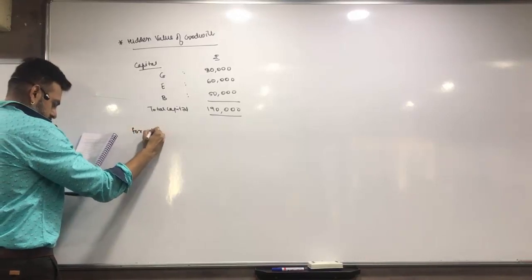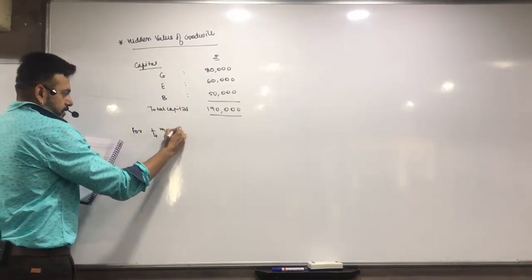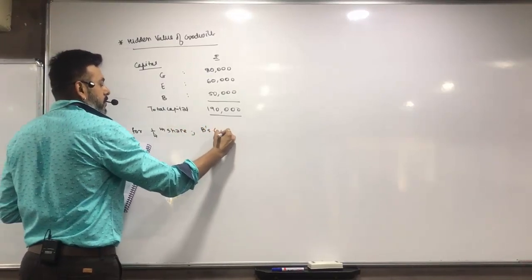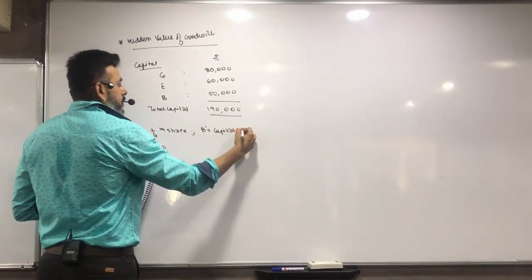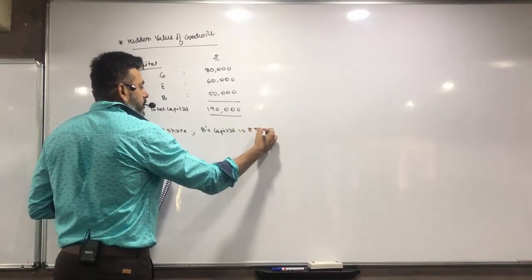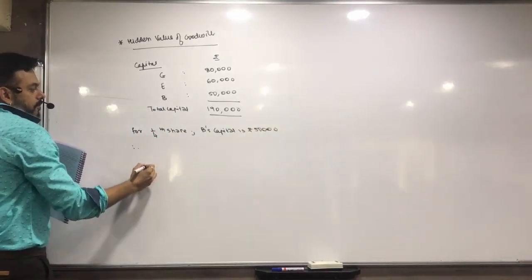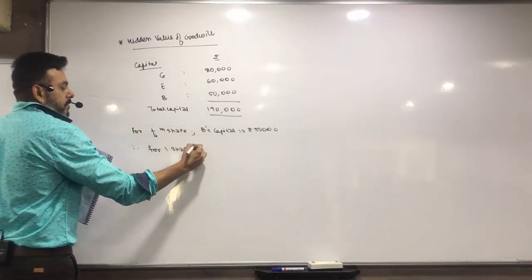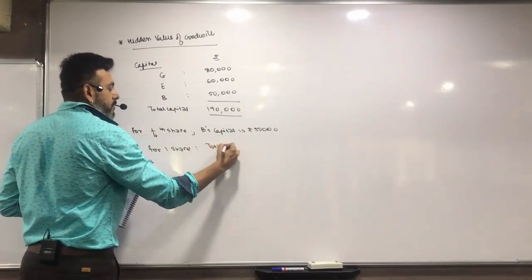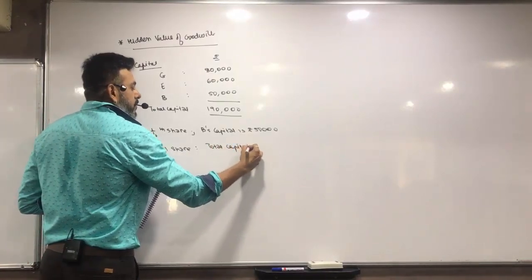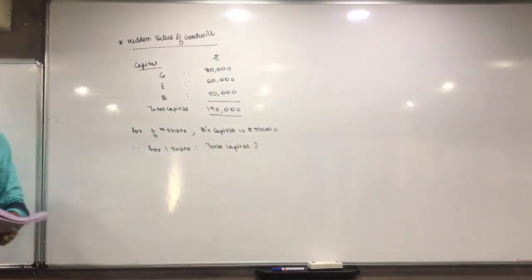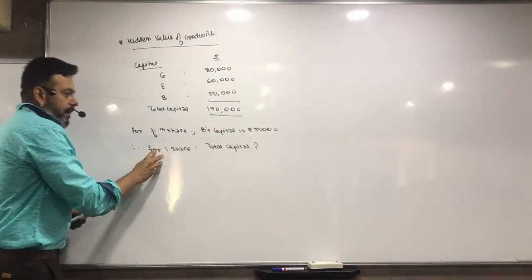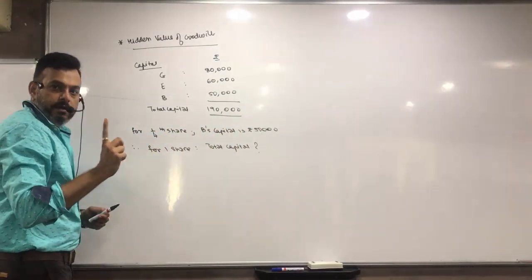Now, for 1/4 share, B's capital is rupees 50,000. Therefore, for one share, total capital is what we have to calculate. यानी 1/4 के लिए B 50,000 लाता है, तो पूरा कैपिटल कितना होगा? 1 के लिए कितना?